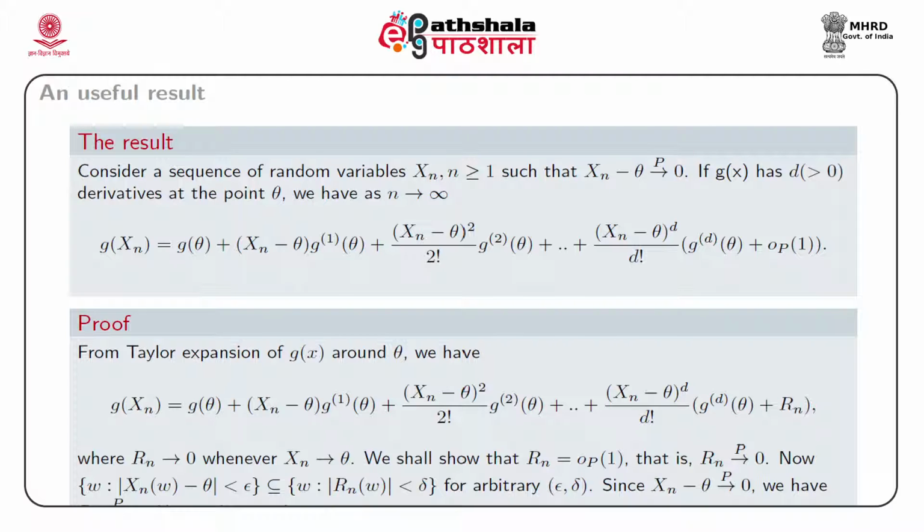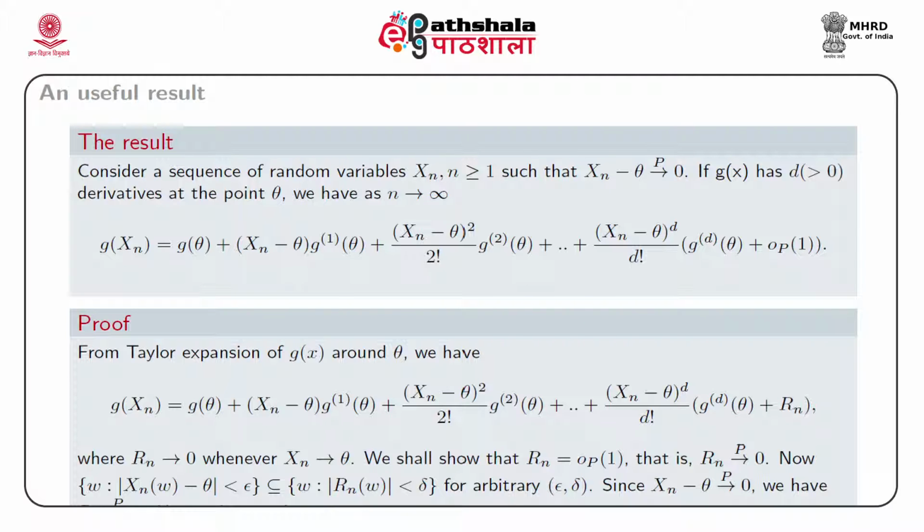So it will be sufficient to show that Rn equals small o p of 1, that is, Rn converges in probability to 0. Note that the event that the modulus of Xn minus theta is less than epsilon implies the absolute value of Rn is less than delta, for arbitrary epsilon and delta, both positive. We have already assumed that Xn converges to theta in probability, and hence Rn tends to 0 in probability. Hence the proof concludes.